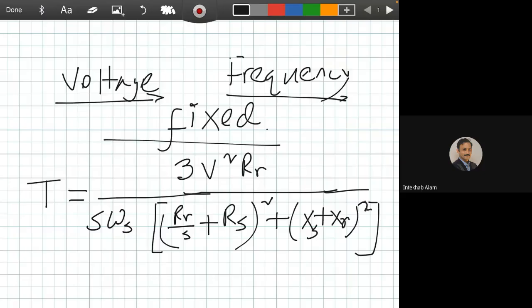So from this equation, you have already learned how it comes. From this equation, you can see there is a point. This is called slip. This is called synchronous frequency.